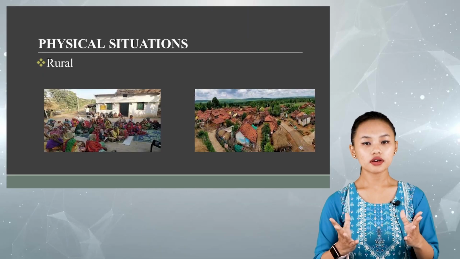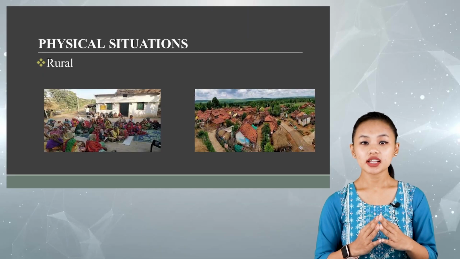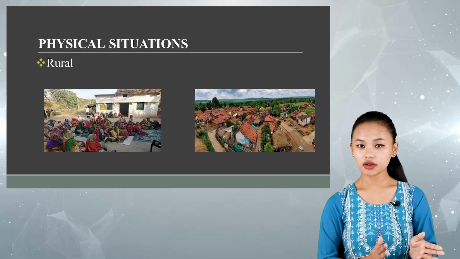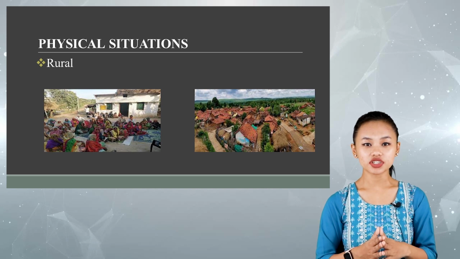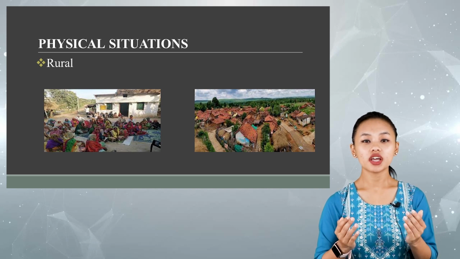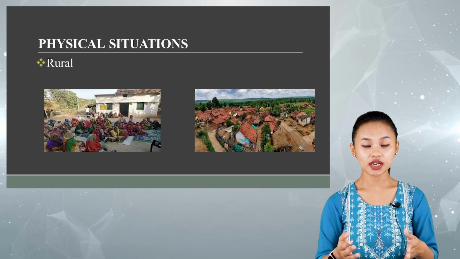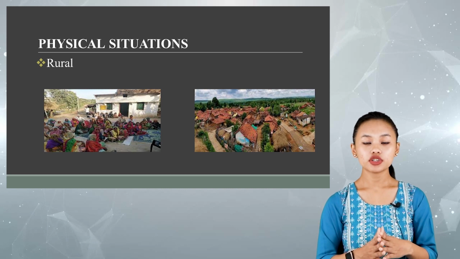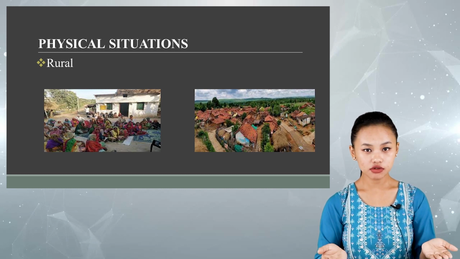Here, the environment and the surroundings in which one lives also play a major factor for one to develop illness. If the person is living in rural areas or villages in which hygiene is not properly maintained, it can lead them to suffer from malnutrition.